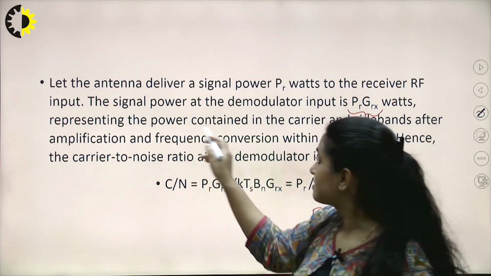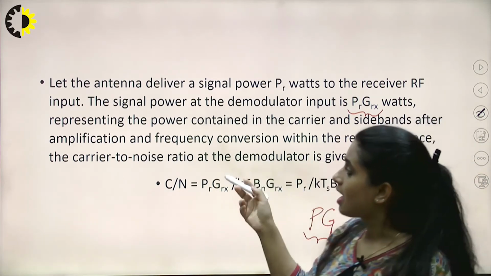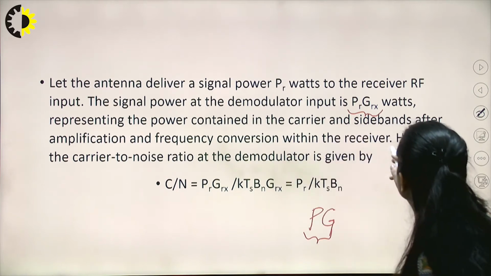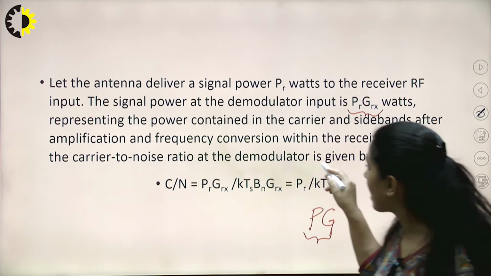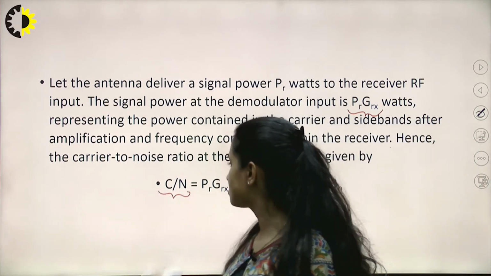This represents the power contained in the carrier and sidebands after amplification and frequency conversion within the receiver. Hence, the carrier to noise ratio at the demodulator is given by, what is this carrier to noise ratio?